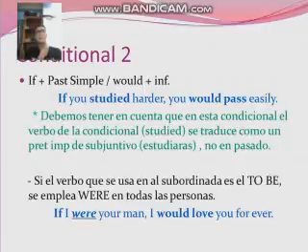This is how the subjunctive works in English. The word would is also used for hypothetical situations. Here are some examples of the second conditional, also in written form.